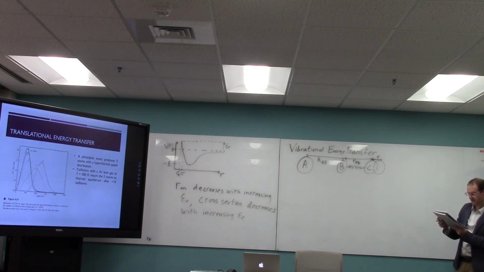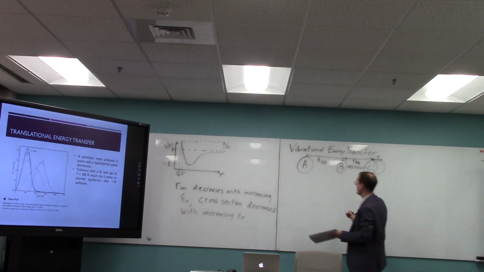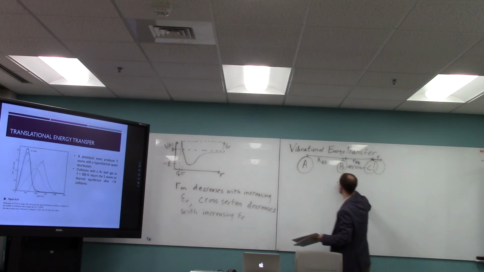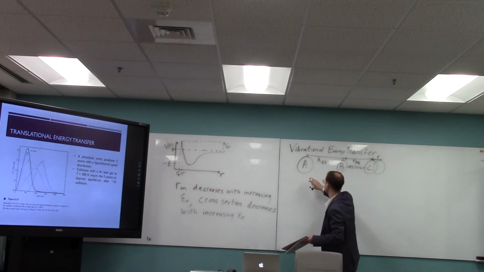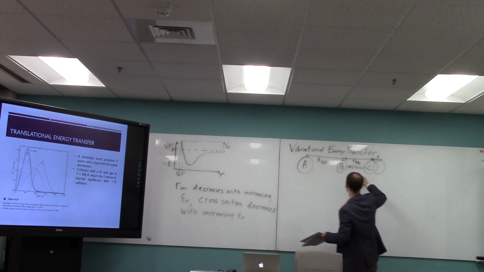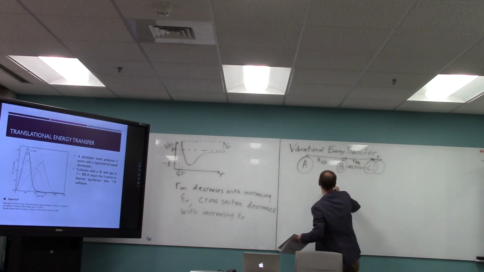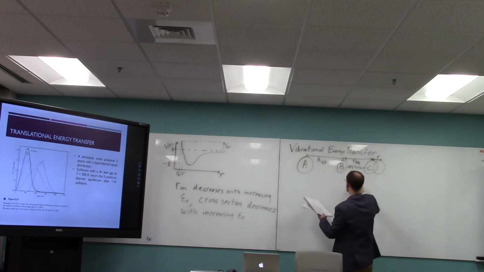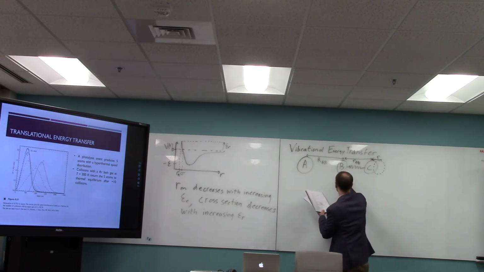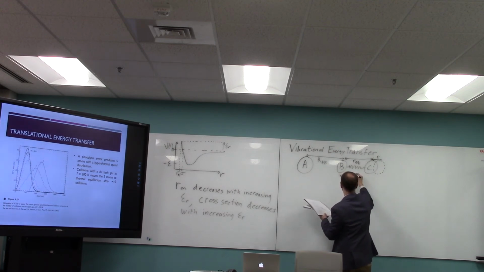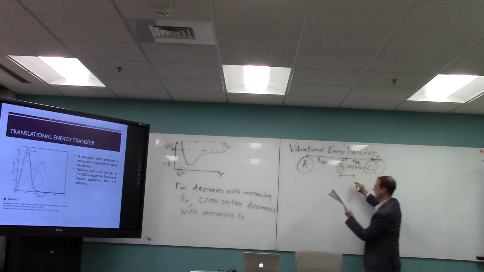Okay? And so then we're going to want to write this in terms of the distance of the A atom from the center of mass of BC. So the center of mass of the BC molecule, let's say it's here.